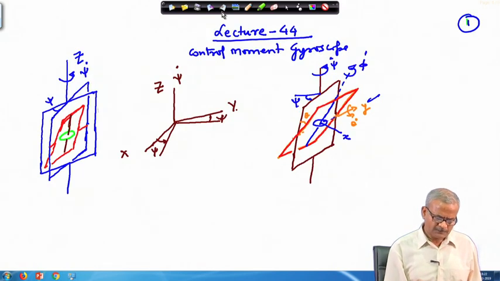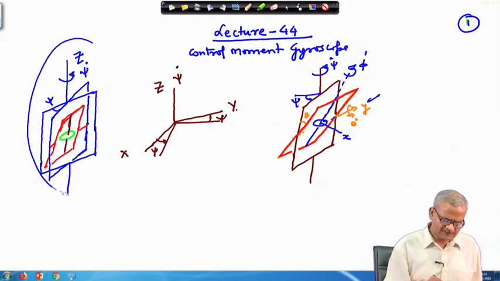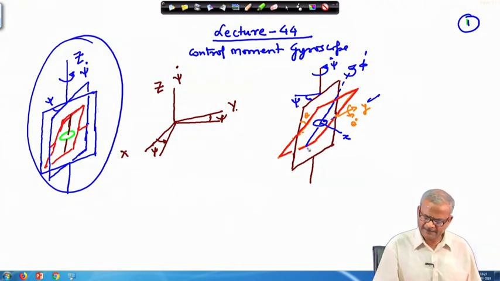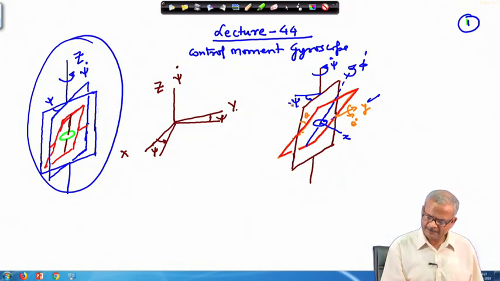Now, come to the same figure I was trying to reproduce here. It has already rotated by the psi angle, the red frame, and here the blue frame is shown in the rotated position.